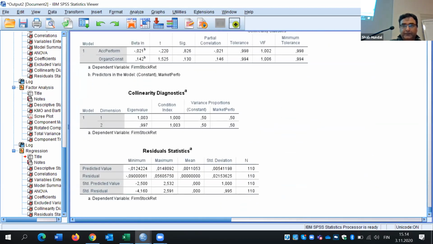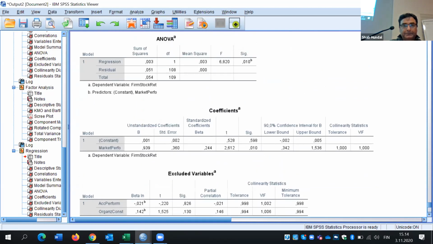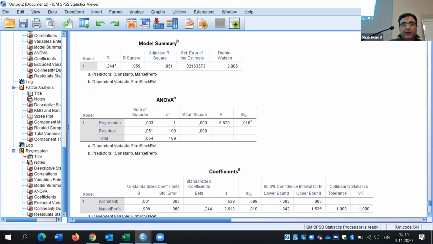Yeah, it's fine. So our R square is 5.9%. Durbin-Watson test is beautiful, very close to 2. We liked it to be between 1.75 and 2.25, and it's perfectly, very, very middle of the middle. F, significant at 10%, all good.